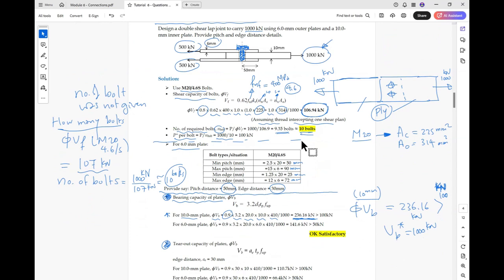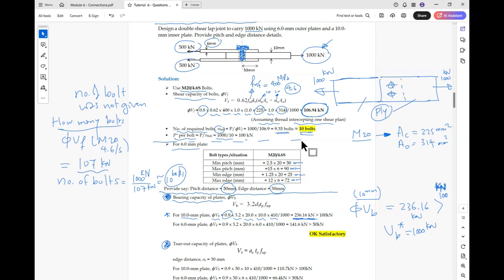So for the 10 mm plate, 0.9 times 3.2 times 20 is 10. Maybe it's where you've got, is it per bolt? Because you've got 10 bolts. So you're dividing it by 10.